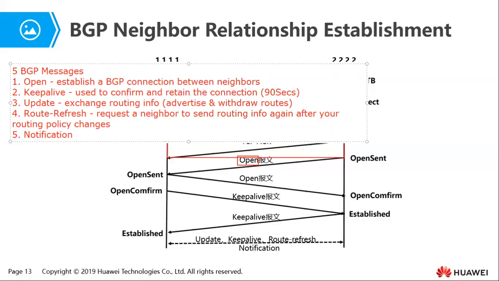So when you want another person to resend their routing information, then you send a route refresh. Then notification is for error, an error alert, let me call it that. When an error occurs within your BGP network, that is what is going to be sent.